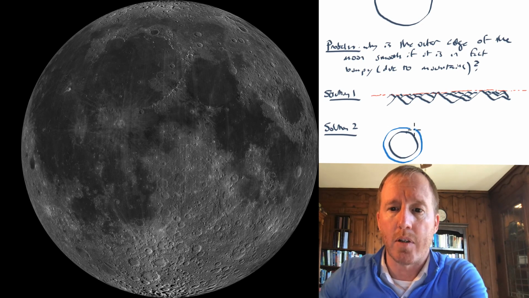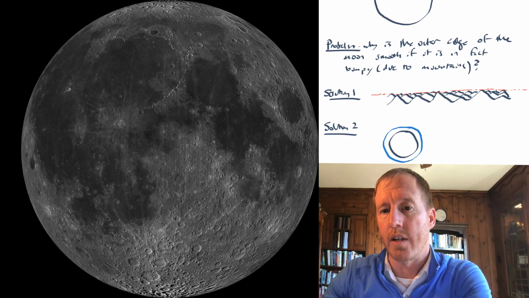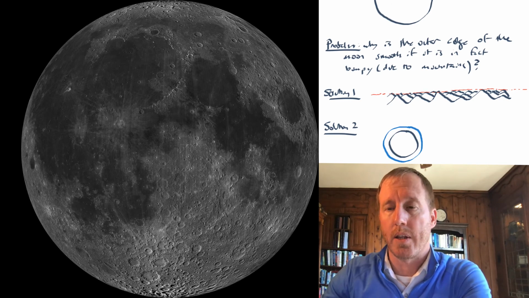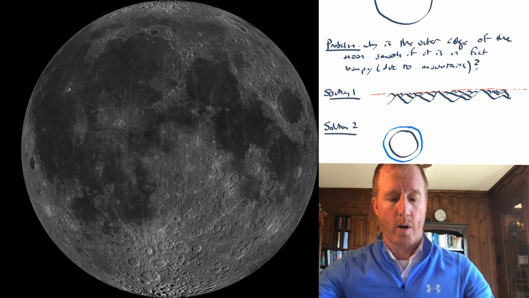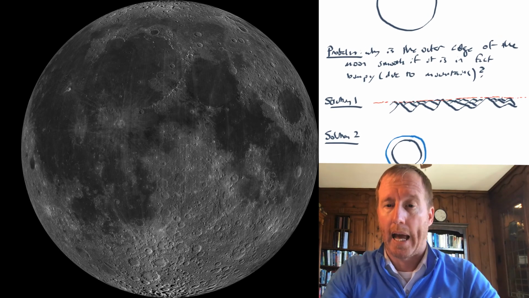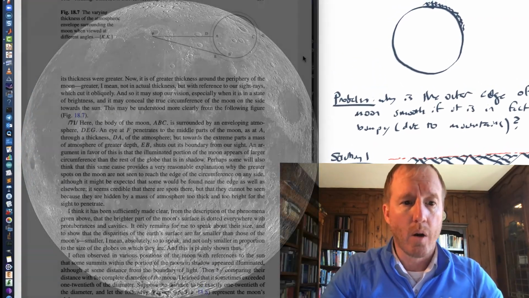And that atmosphere offers a blurring effect. So if there is any unevenness on the surface of the moon, that unevenness would be blurred by the atmospheric effects. So those are the two reasons he gives for why the moon, despite it being actually bumpy, might appear smooth.